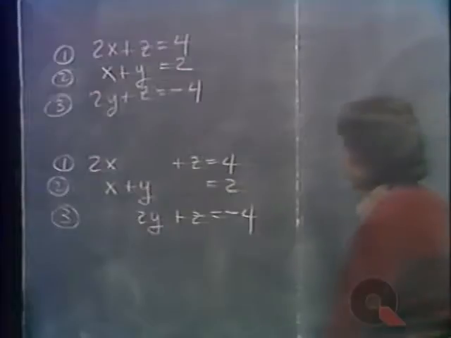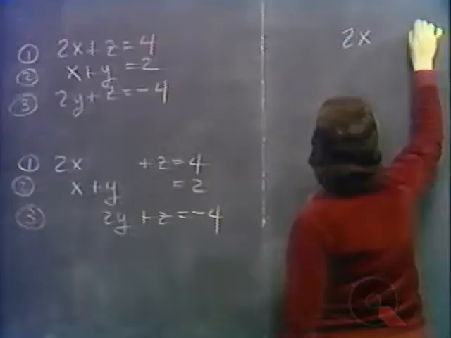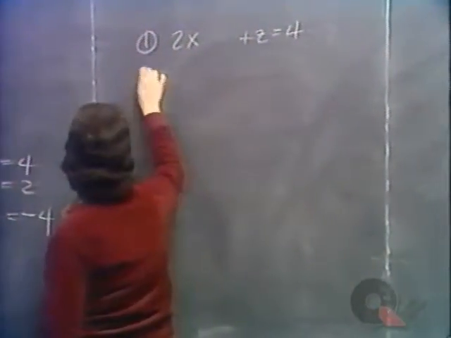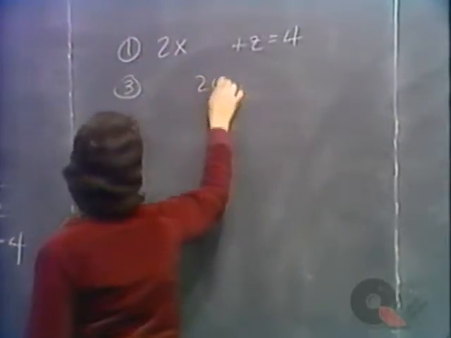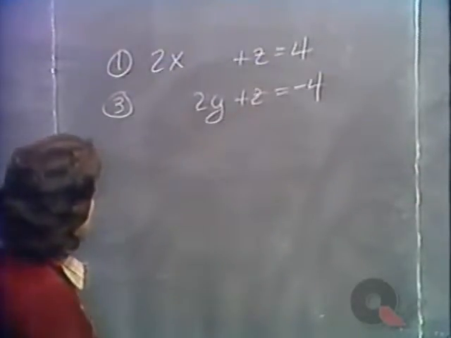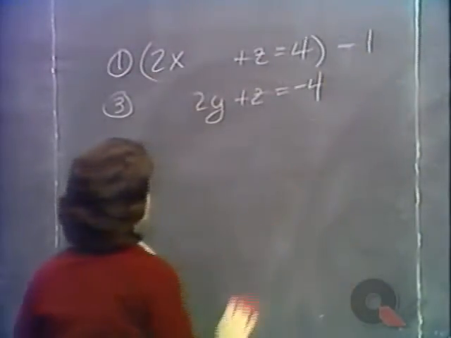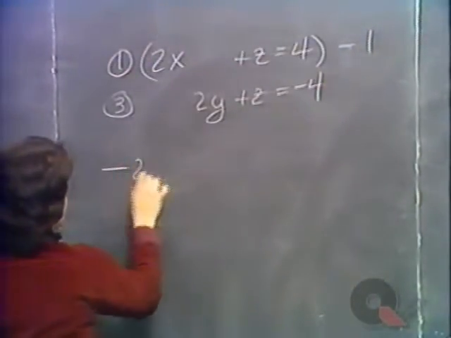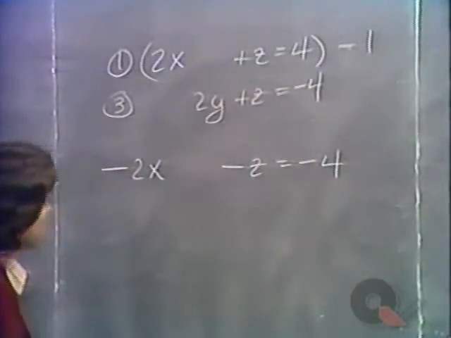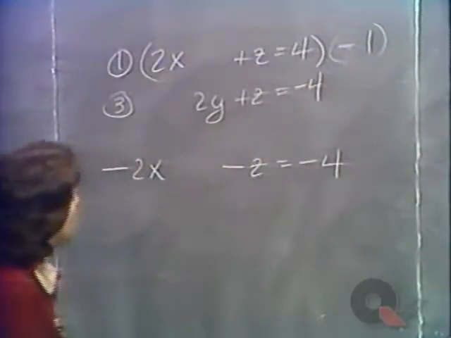Let's try it. We will take equation 1, 2x plus z equals 4, and equation 3, which is 2y plus z equals minus 4. Let us multiply both sides of equation 1 by minus 1.